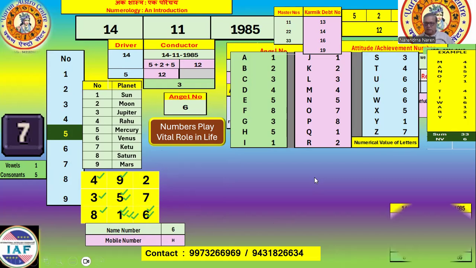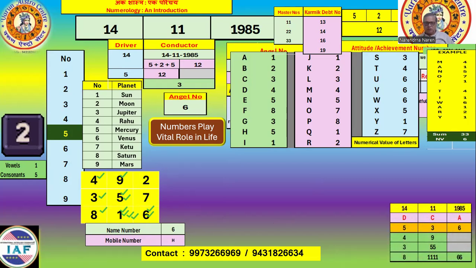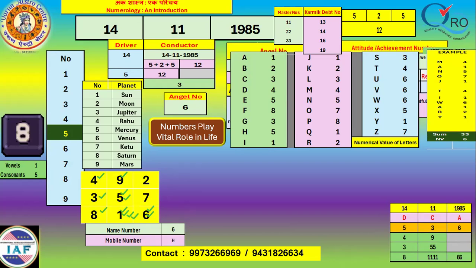If we see the chart here, 2 and 7 are missing. Double 6 is there, 4 times 1, 8 one time, 3 and 4 one time each, 9 one time. So the boxes left over are 2 and 7.